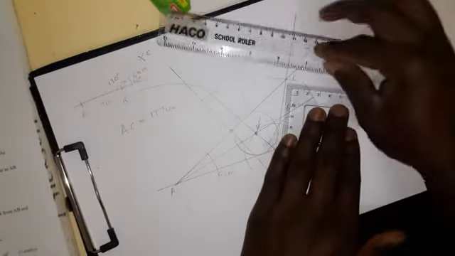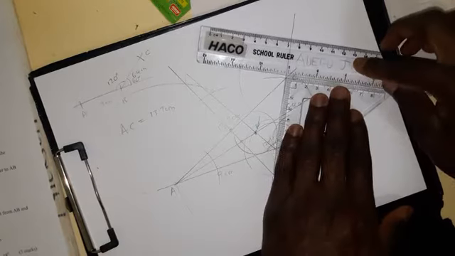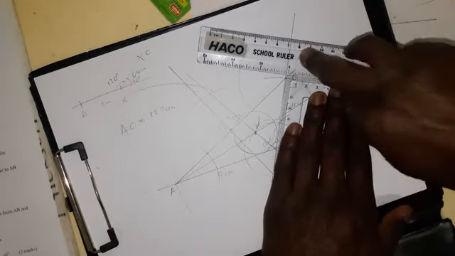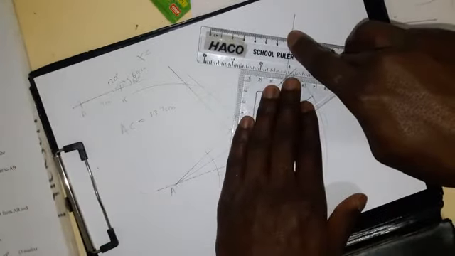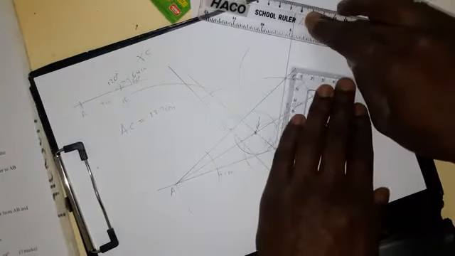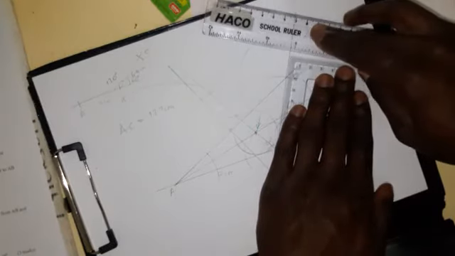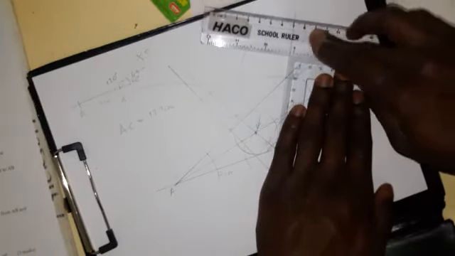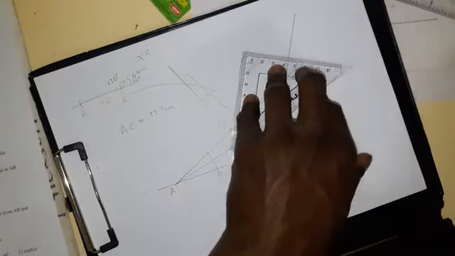But another very shorter method is by the use of a set square, whereby I can have these two points like this, and then I'll just slide it until it is a tangent with my arc, that point.